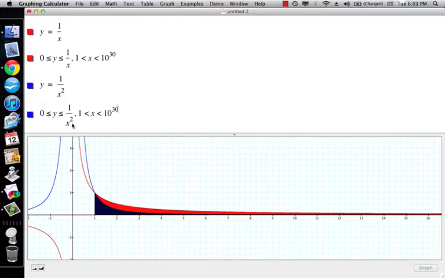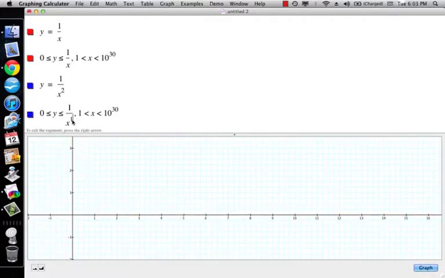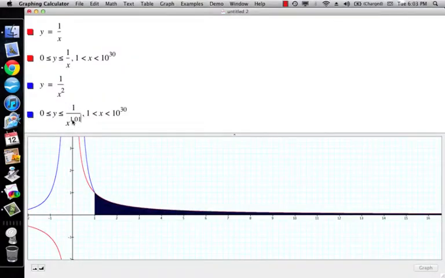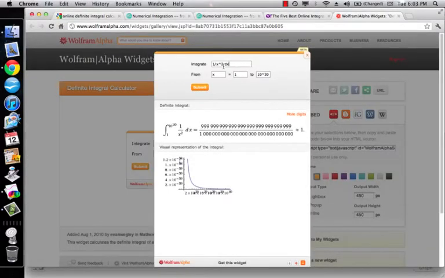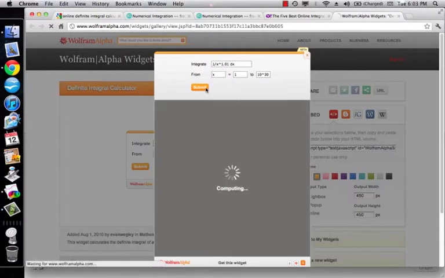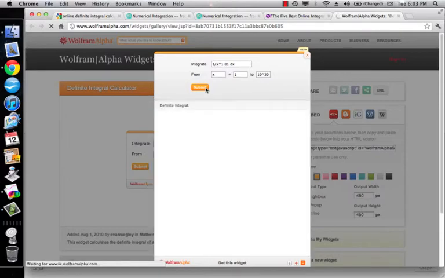And once again, if I did x to the 1.01, they almost look the same. Let's see what it has to say. It's thinking. Basically, 49.8813. Maybe it's 49, I'm not sure.